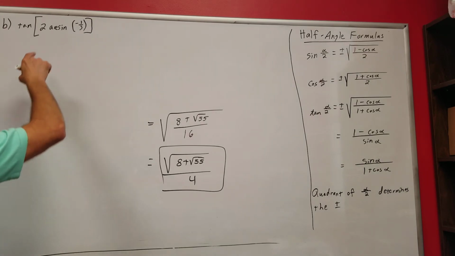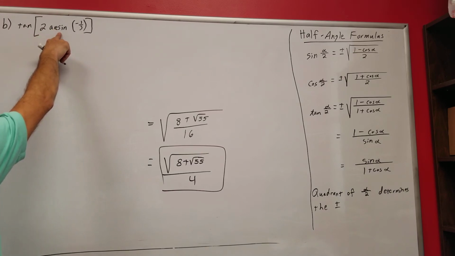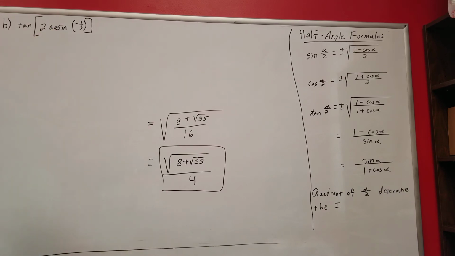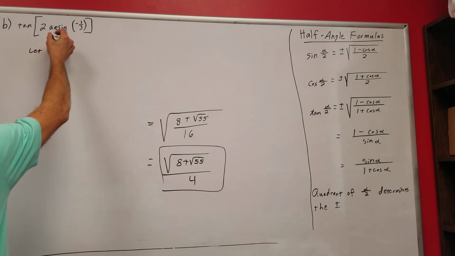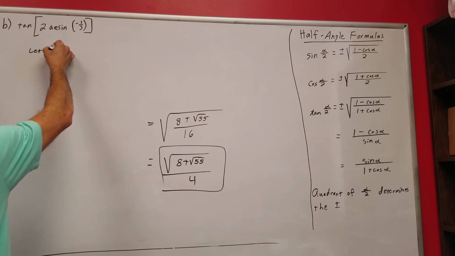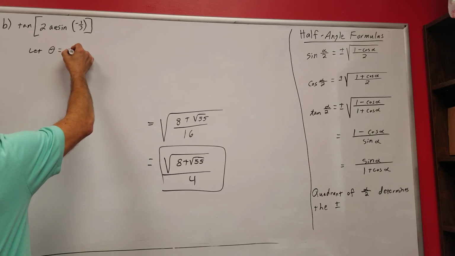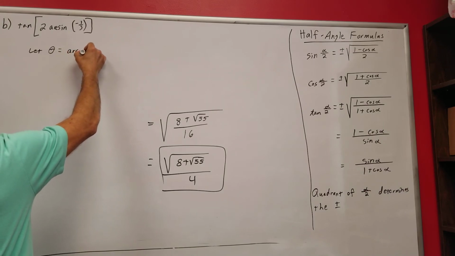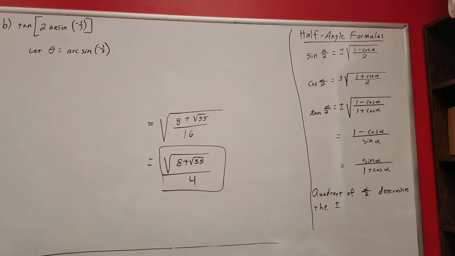All right, so what do I have here? 2 times some angle, right? Isn't the arc sine the angle whose sine? So I'm going to say, let's let alpha, theta, whatever Greek letter you want to use, equal arc sine of negative 1/3.